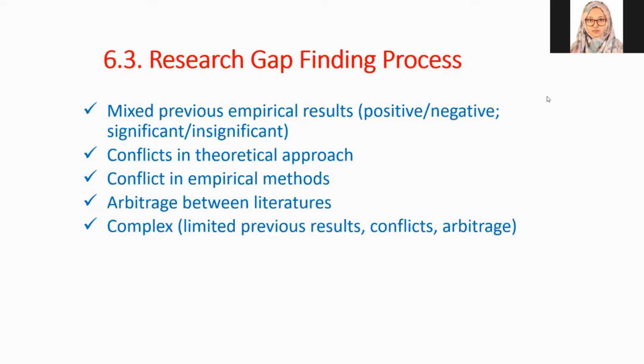So if different theories have been used, then you can use another theory. These are the different theories, and their results come in this way. So I want to put another theory to observe the same phenomena, what is happening there, by using another theory. So conflicts in theory.